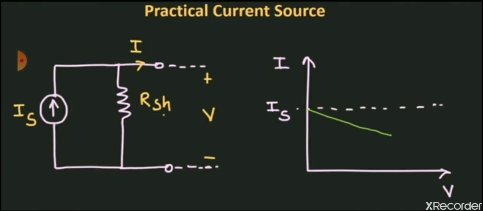So when we see the graph of current versus voltage, this current always goes on decreasing with respect to load voltage. So in this case, your load current and supply current are not equal.